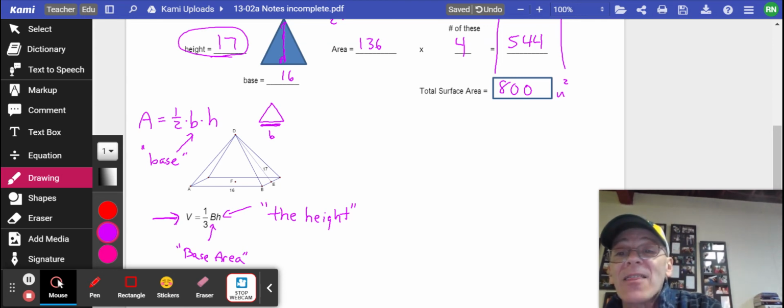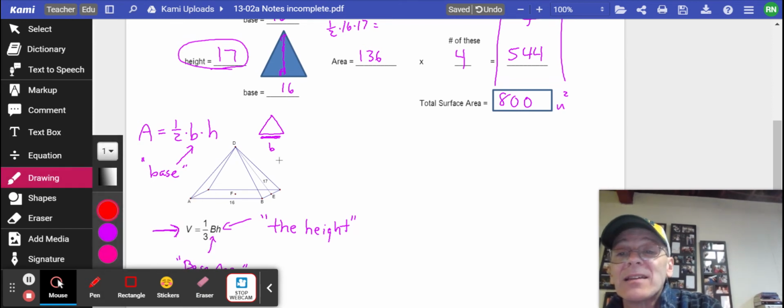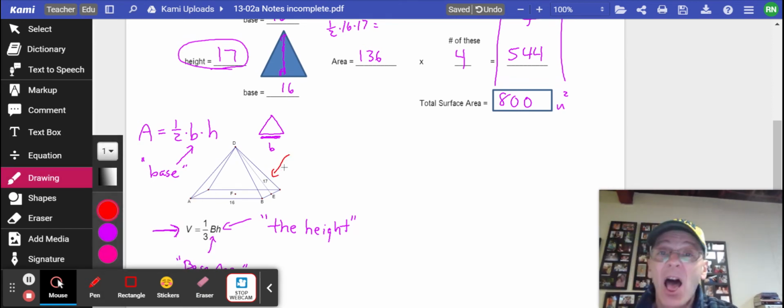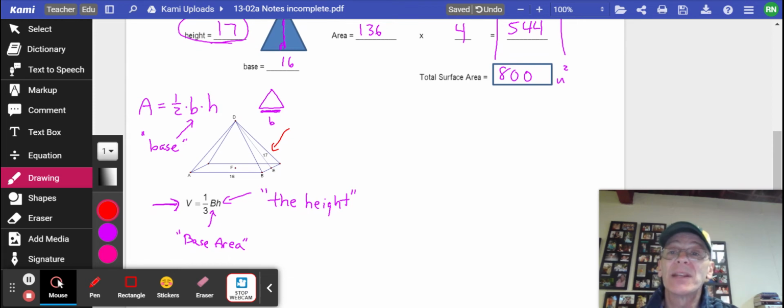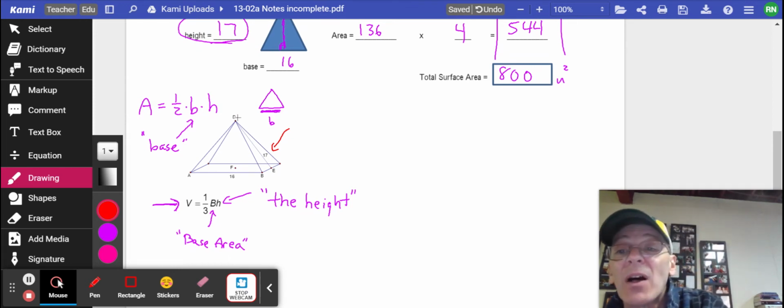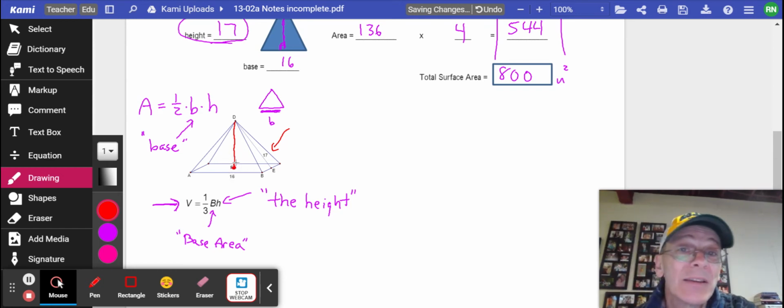It's not that 17. That is not the height of the pyramid. It's not the measure we need to calculate the pyramid's volume. We need this distance right here from D to F, and it hasn't been given to us.